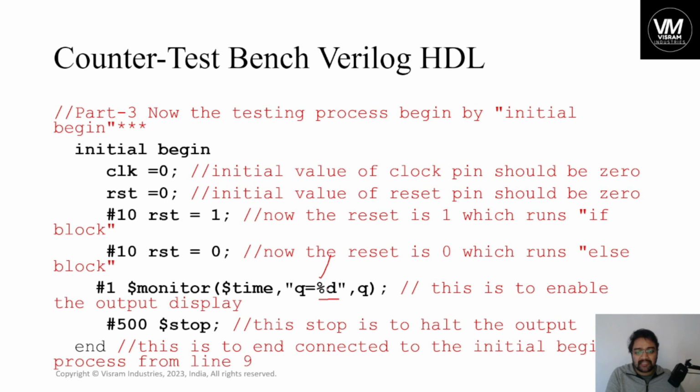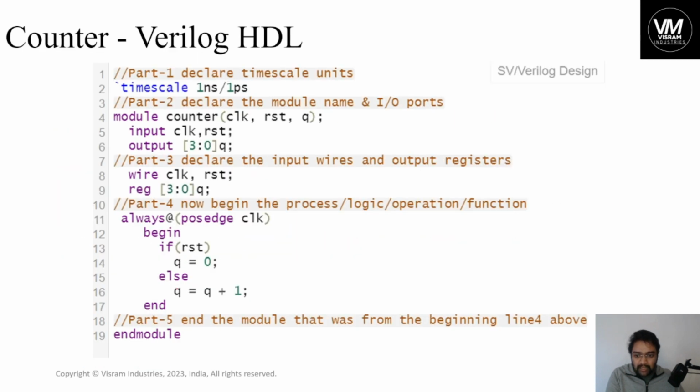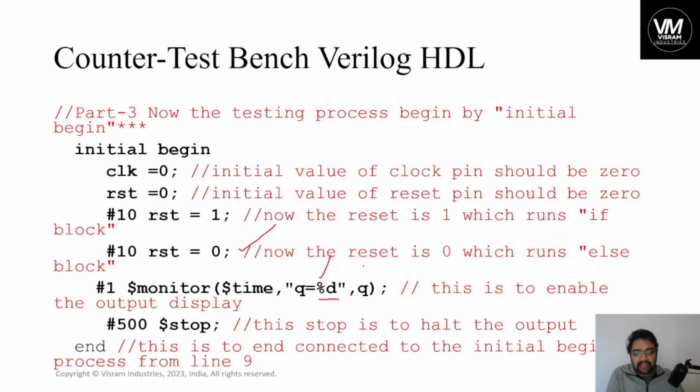So Q is equal to %d, whatever the output is in Q, that is displayed. This is to enable the output display.